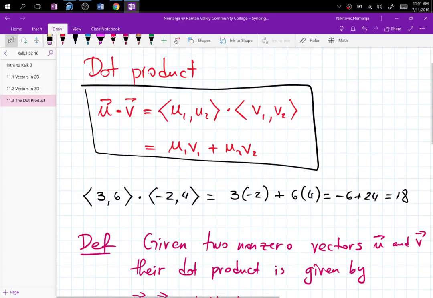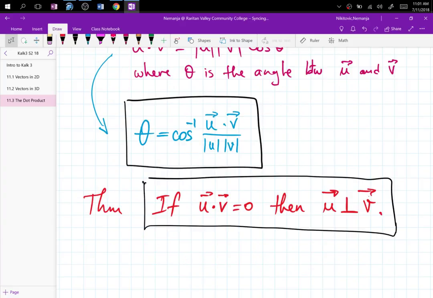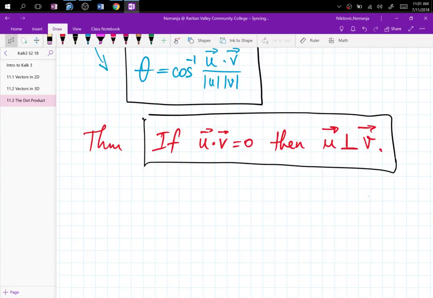Key point number 1, a way to compute the dot product by multiplying their components and adding each one of those sets. Then, finding the angle between two vectors of any dimension. And finally, if the vectors are perpendicular, the dot product is 0, or the other way around. So that's a theorem on orthogonal vectors. We have some properties of the dot product.